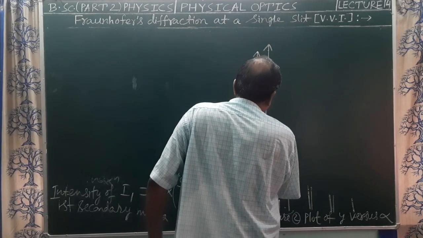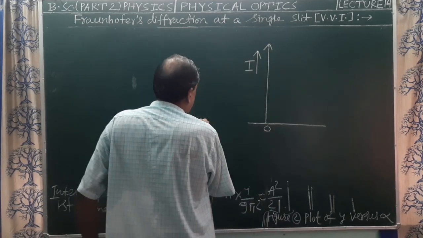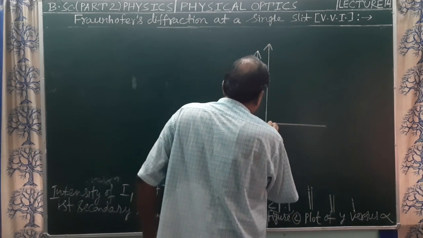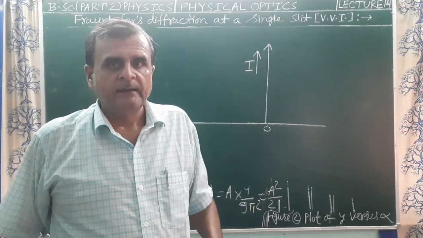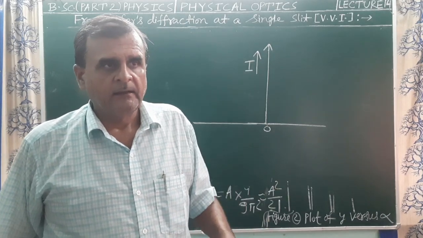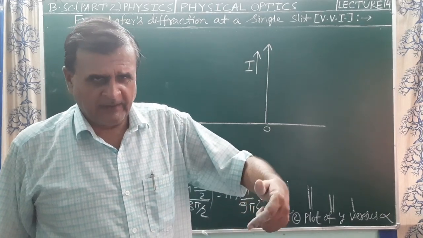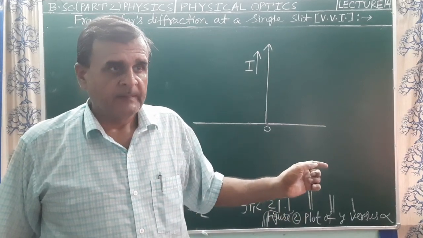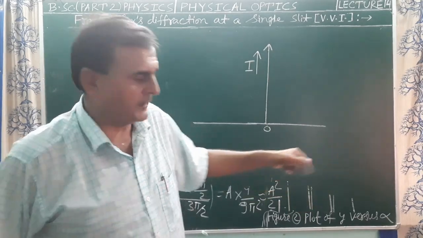The intensity of light is maximum at the center of the screen O, and on both sides of the center of the screen there will be alternate minima and maxima, that is subsidiary or secondary minima and maxima. The intensity of secondary maxima will be continuously decreasing as we go beyond the center, on both sides of the center of the screen.